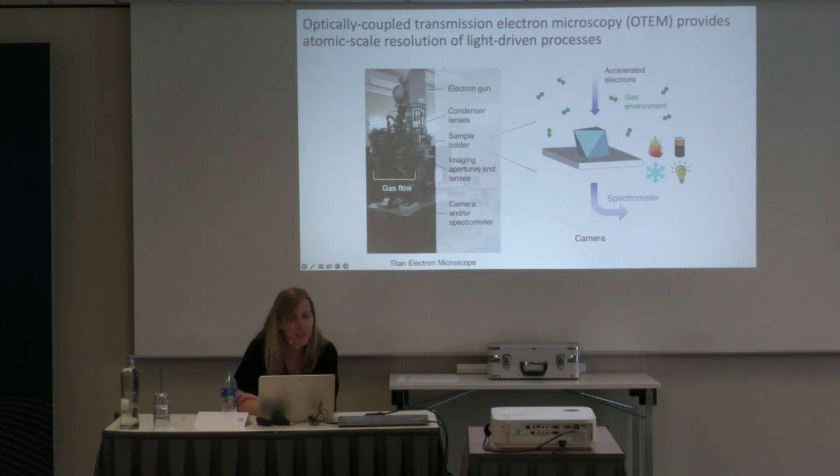So we have all these reactive gases that can be introduced to the sample, so that we can do environmental transmission electron microscopy. It's a pretty cool setup; going from high vacuum to atmospheric pressures of gases is quite an engineering feat, and I definitely give the engineers credit for being able to enable that.